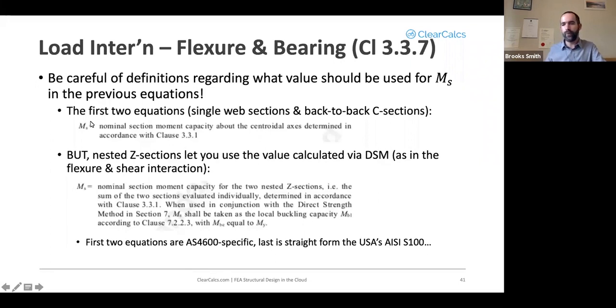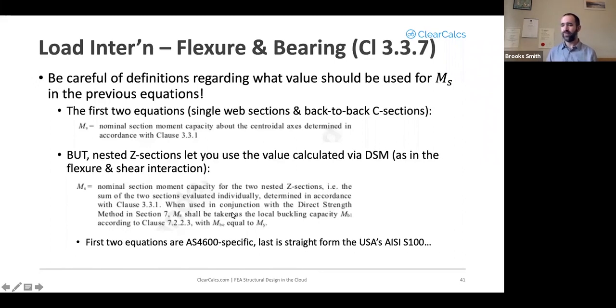For the first two equations, for that single web C-section and for the back-to-back C-sections, M sub S is the value that you calculate in clause 3.3.1. For nested Z sections, it can be either the value you calculate in clause 3.3.1 or the M sub BL that we calculated for the flexure and shear calculation.